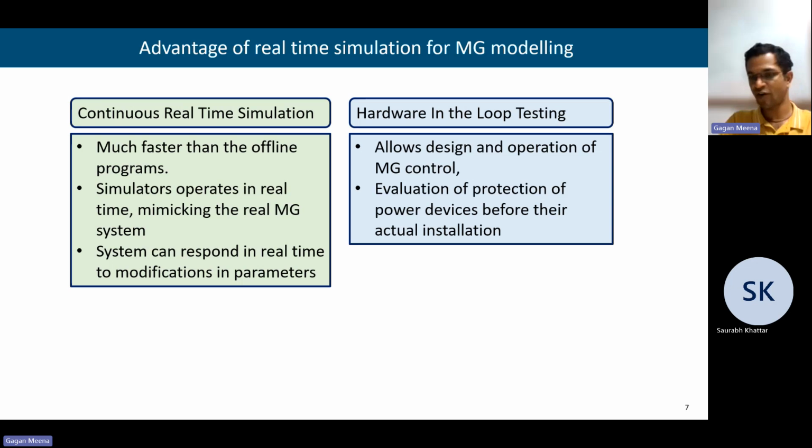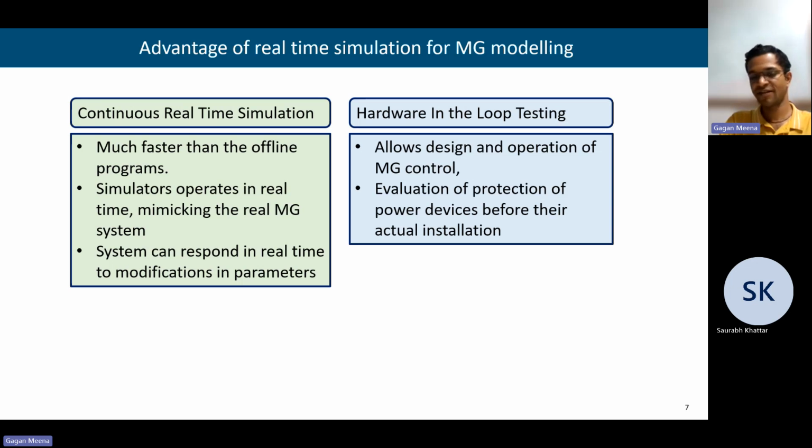So if we create a fault in RTDS, it will also take similar time, and similar behavior will be seen here also. The time taken, everything will be similar to the real system.